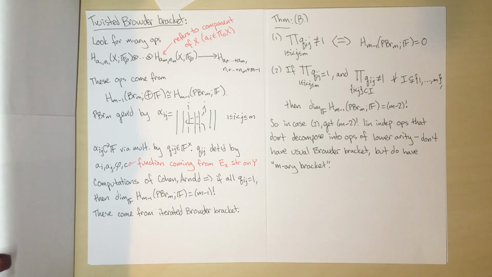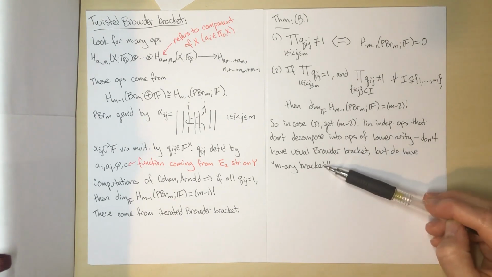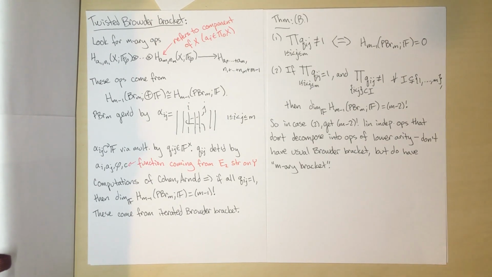So maybe I'll end by summarizing what I expect the result to be in the end. So this is still work in progress, but I conjecture that all of the operations will be generated by the twisted versions of the Dyer-Lashof operations, these twisted Browder brackets that don't decompose, and a product, which I haven't talked about today, but depending on your philosophy, it's either partially defined or it's often equal to 0.